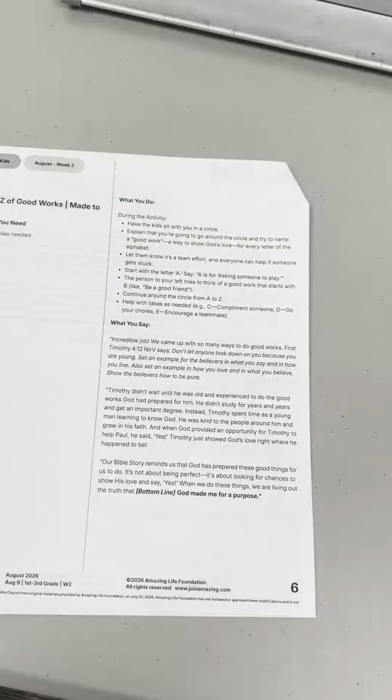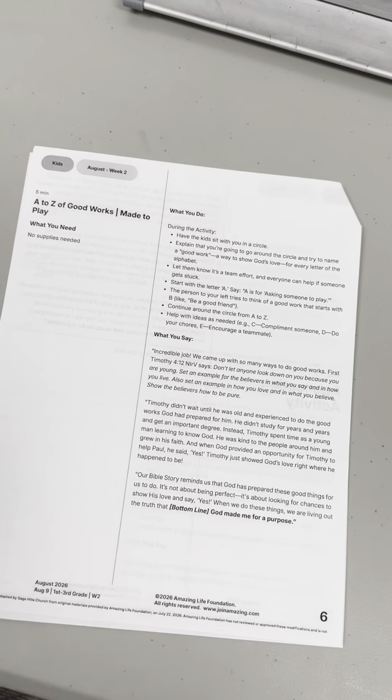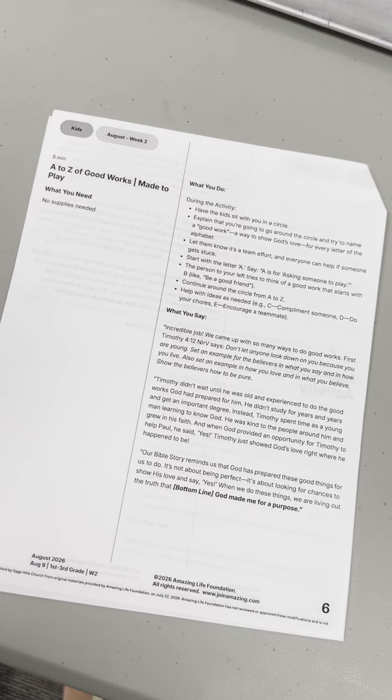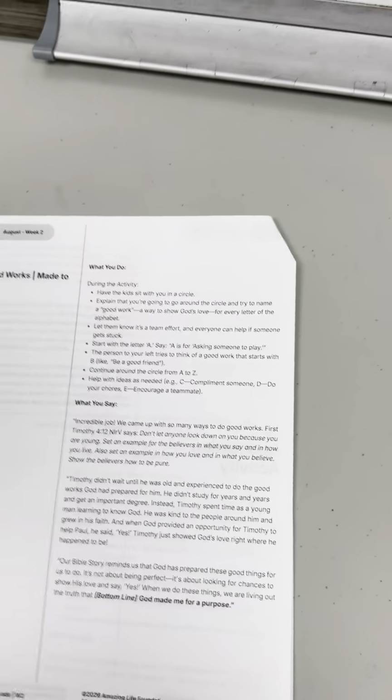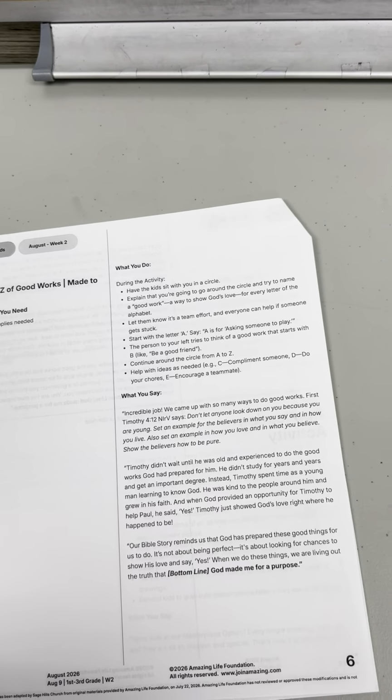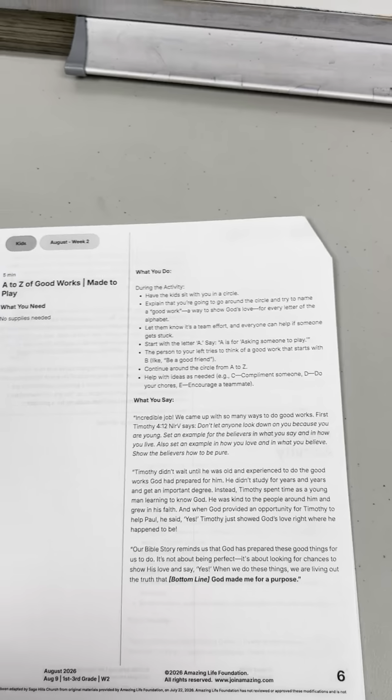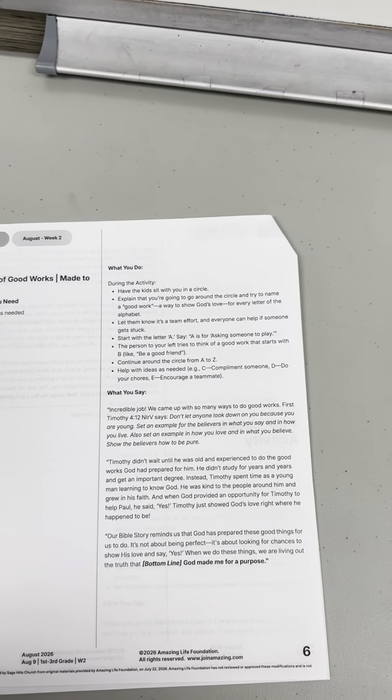It'll be amazing. All right, the next activity is our A to Z of good works. Utilize the circle space, everybody sit around, and you're going to go through the alphabet. You'll start with the letter A and say A is for asking someone to play, and B is being a good friend, and you'll continue through the alphabet.